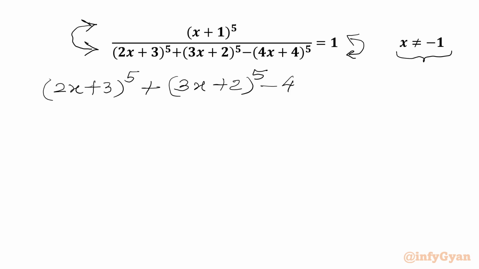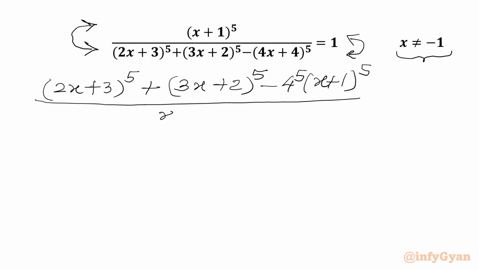We can take 4 common, so 4 power 5 times (x plus 1) whole power 5, and the denominator will become (x plus 1) whole power 5. RHS will be 1. Now we will divide our numerator terms by the denominator (x plus 1) whole power 5.